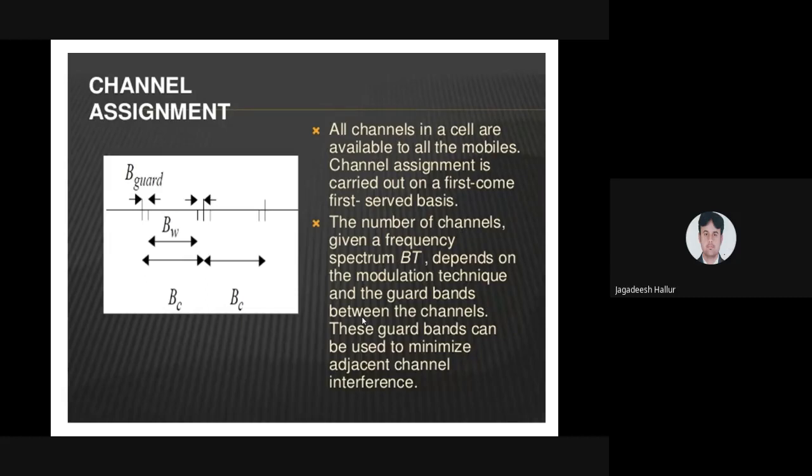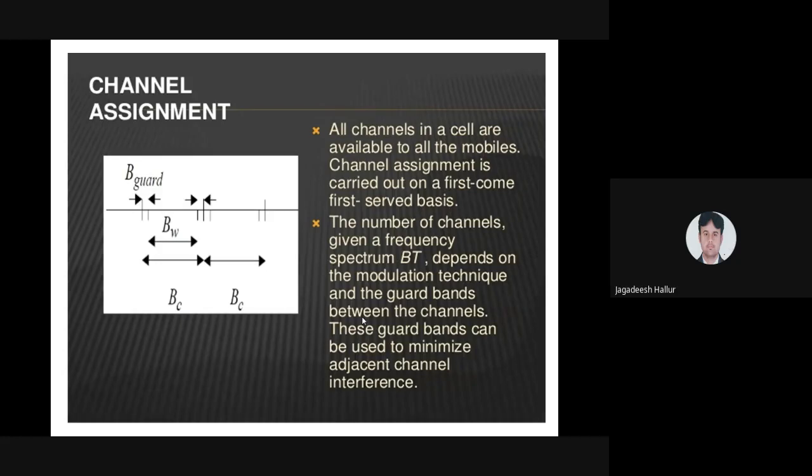Means what? If a particular cell has 6 channels and all the 6 channels are already assigned to users, but in the neighboring cell one channel is free, that channel has to be allocated to the requesting user.